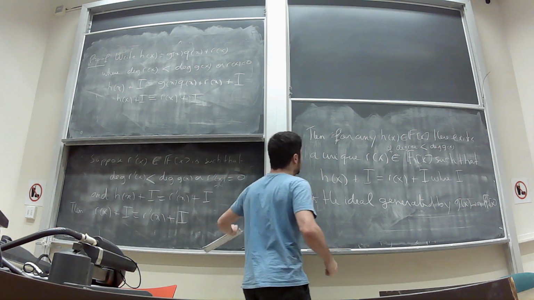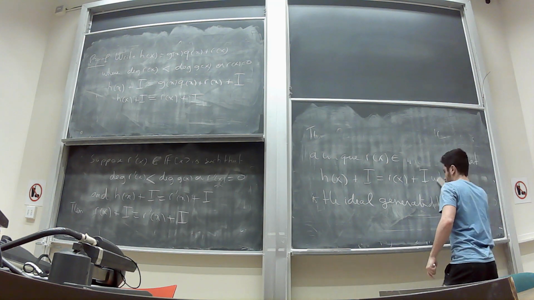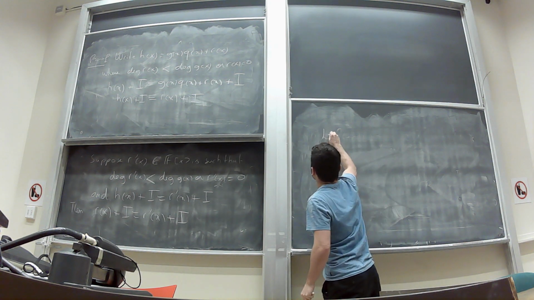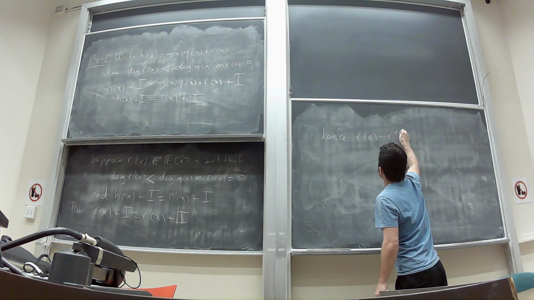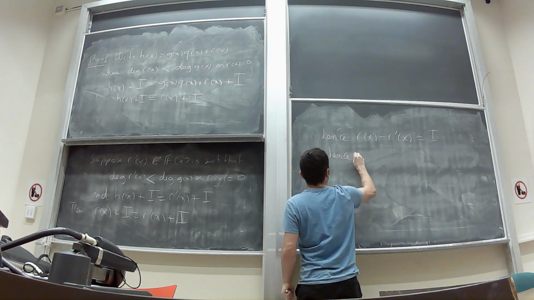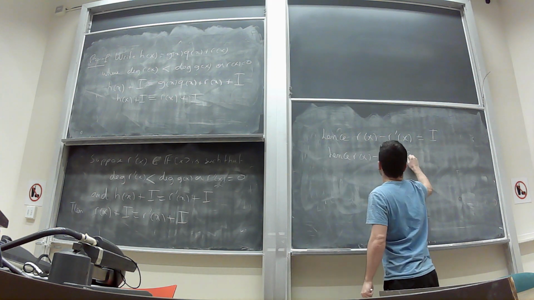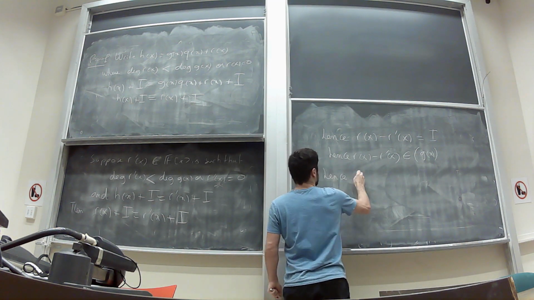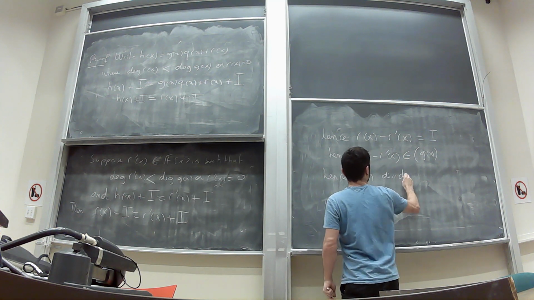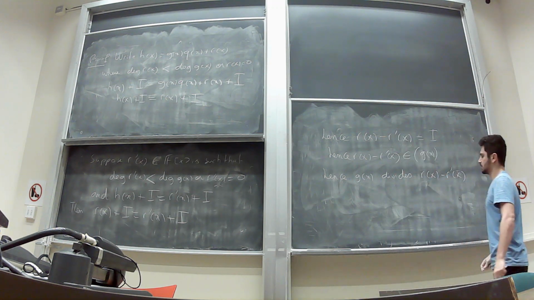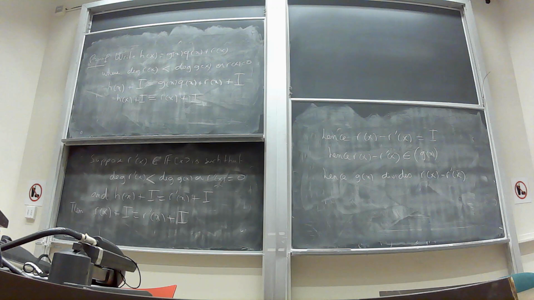Hence, r minus r' belongs to I. Hence, r(x) minus r'(x) belongs to the ideal generated by g(x), which implies that g(x) divides r(x) minus r'(x). Agree or not? Yes or no?